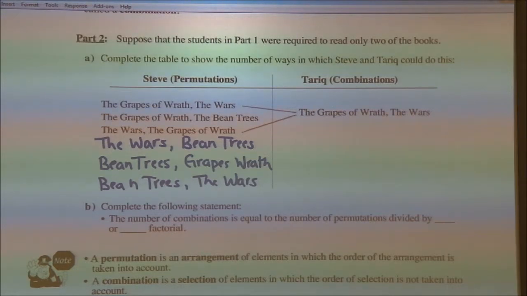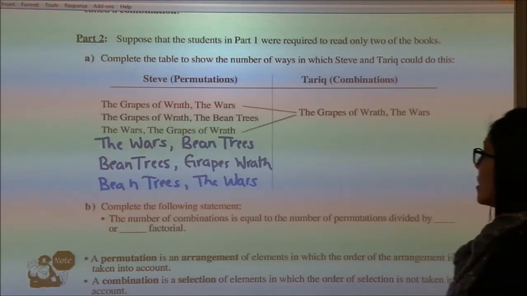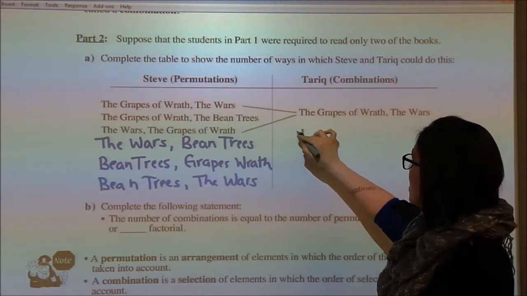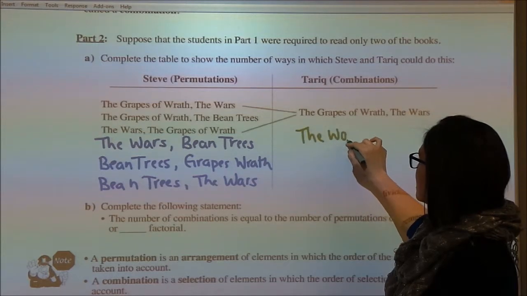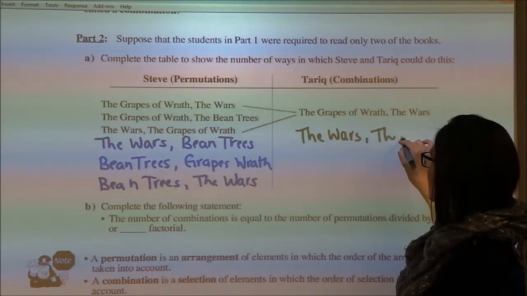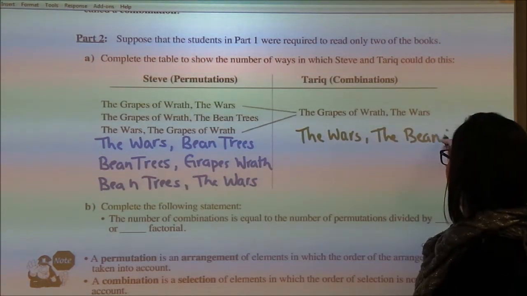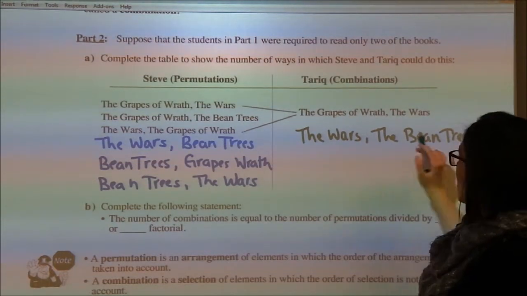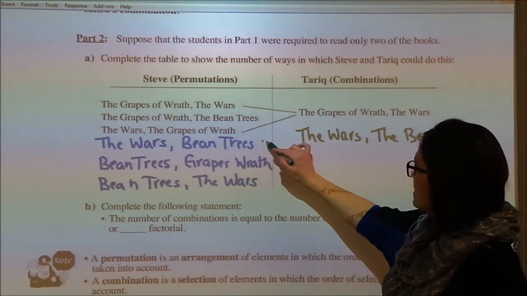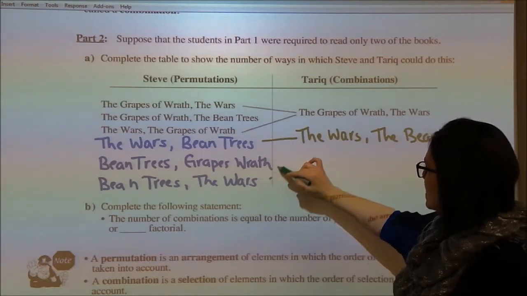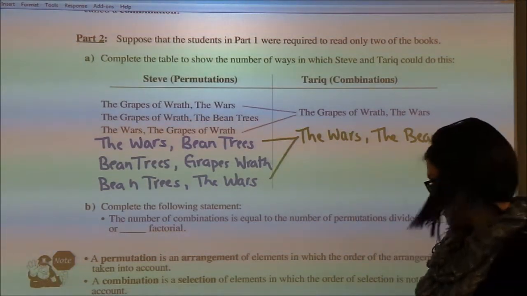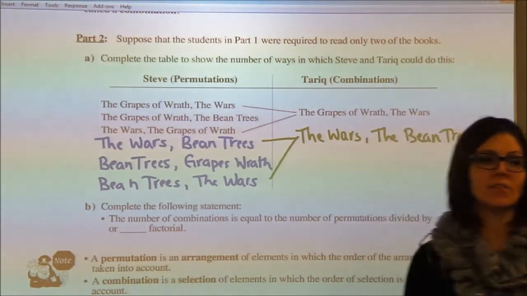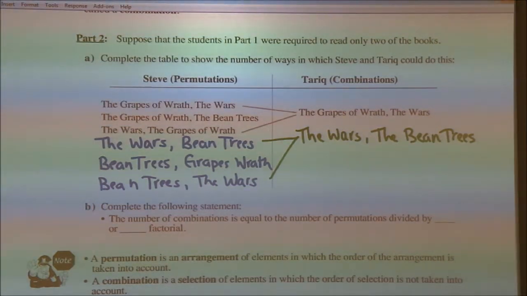He's taking them both. He's putting them in his locker. He's bringing them home. He can read them any way he wants when he gets home. Or he could take out The Wars and The Bean Trees, same as this order and this order. So he takes out basically 2 of Stephen's orders.